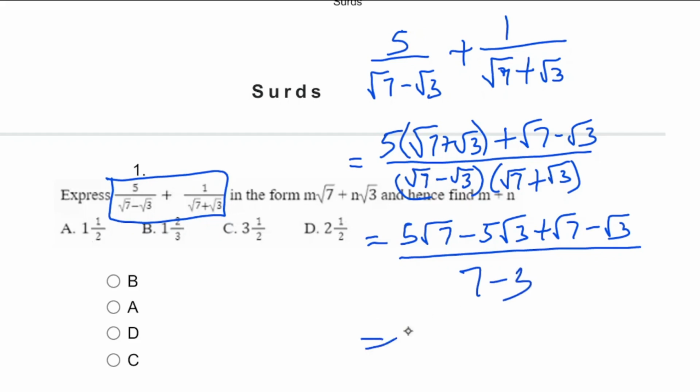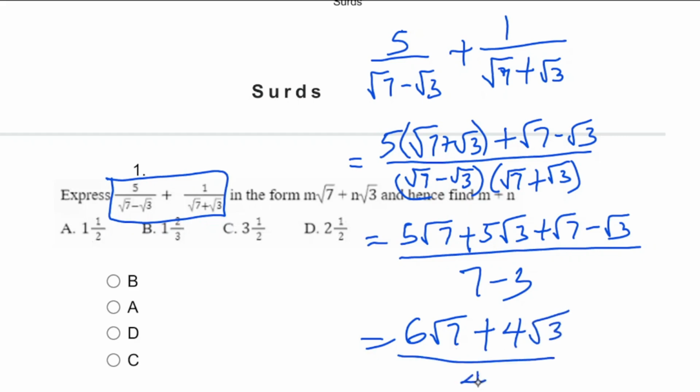Am I making sense? So let's now simplify the numerator. 5 root 7 plus root 7, that gives 6 root 7, because root 7 here means 1 root 7. Then 5 root 3 minus root 3 gives plus 4 root 3.